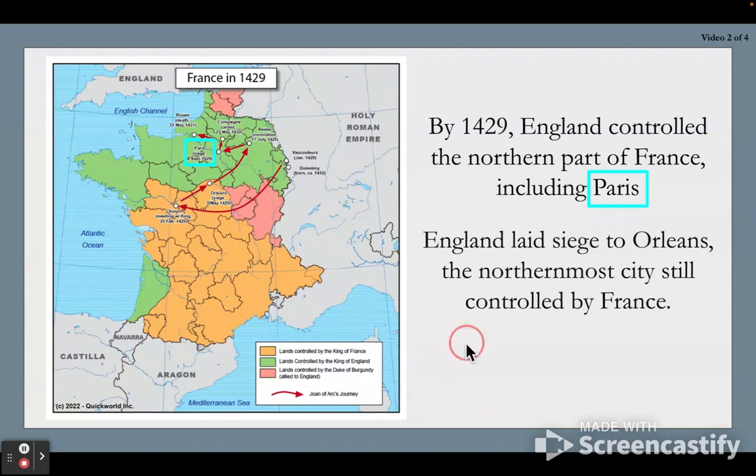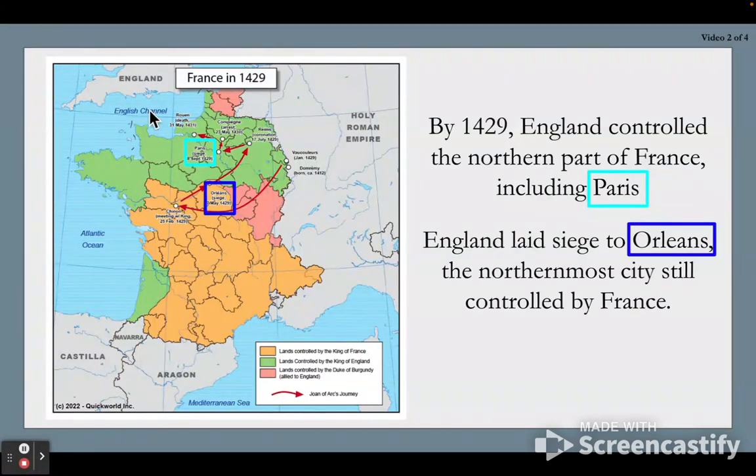England laid siege to Orleans, which was the northernmost city still controlled by France in 1429. So as England is making its way south, trying to take over France, they reach Orleans in 1429 and lay siege to it in an attempt to take it over and continue taking over France.